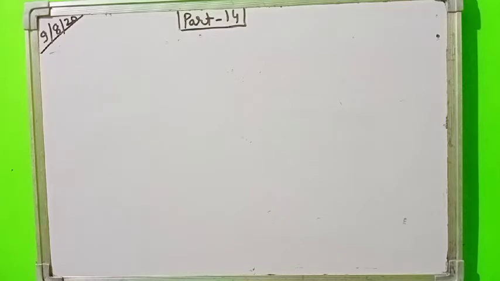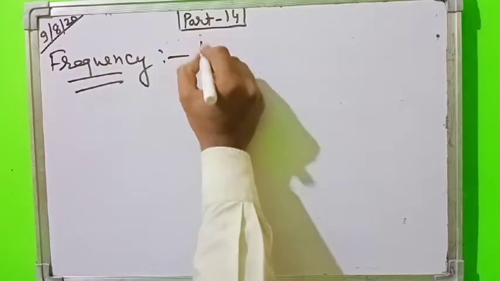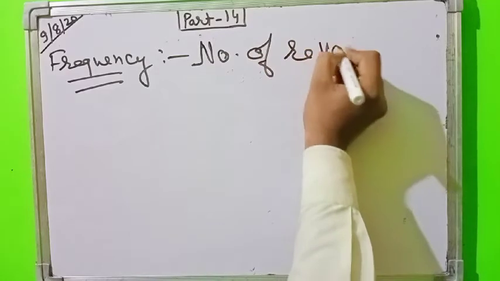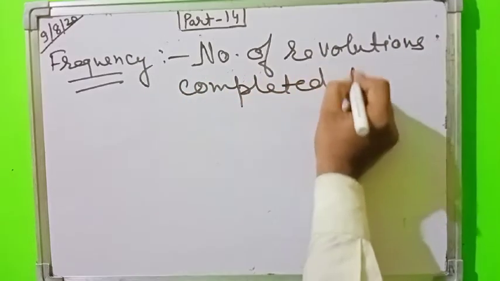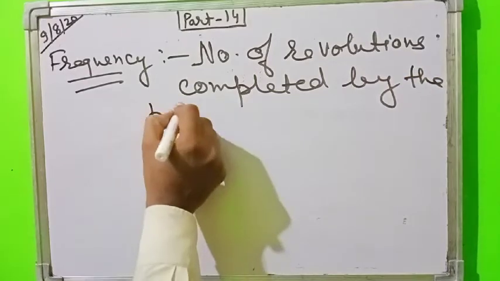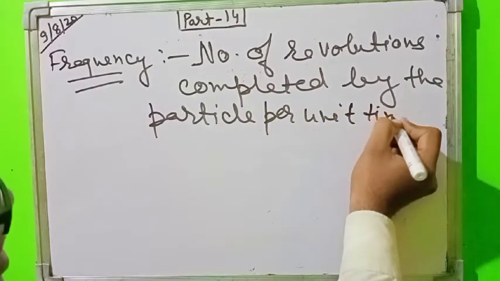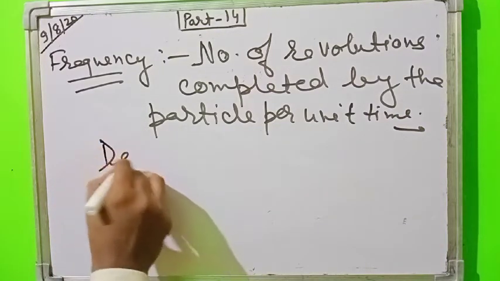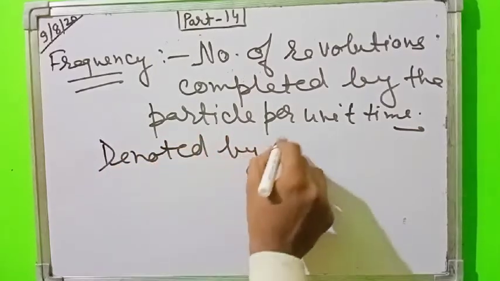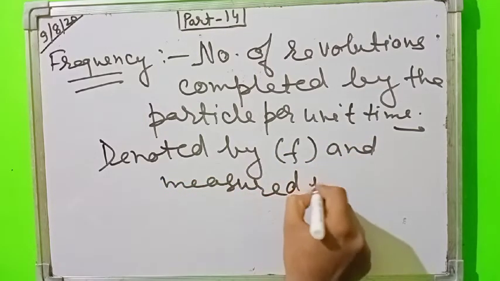Frequency is the number of revolutions completed by the particle per unit time, denoted by f and measured in hertz.